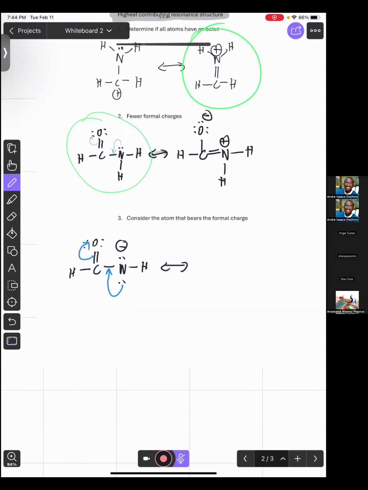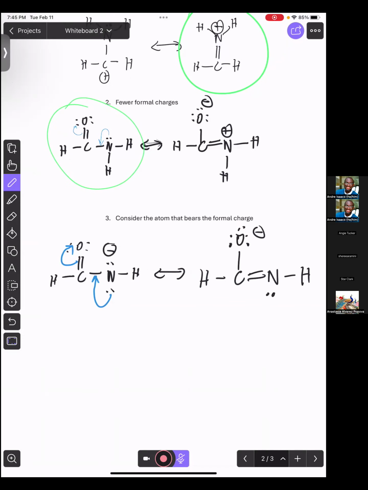If we draw that, then our carbon will now be double bonded to the nitrogen. The nitrogen will still have a bond to H, and it'll still have one of its lone pairs. And then the oxygen will be negative because you'll get 2 more electrons.